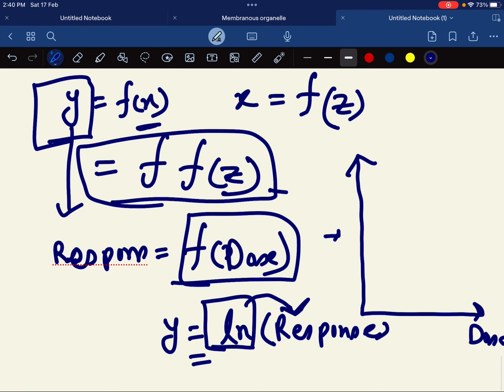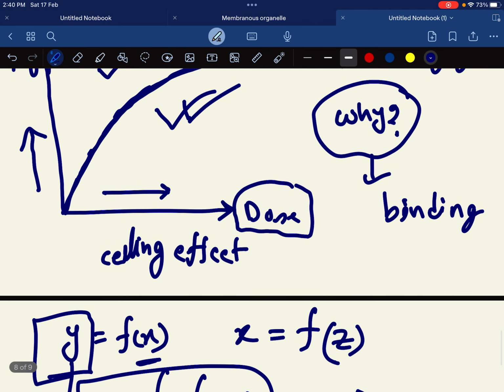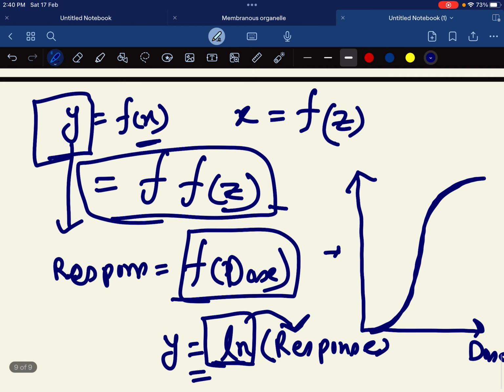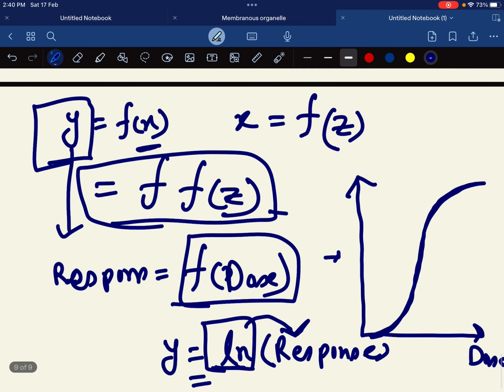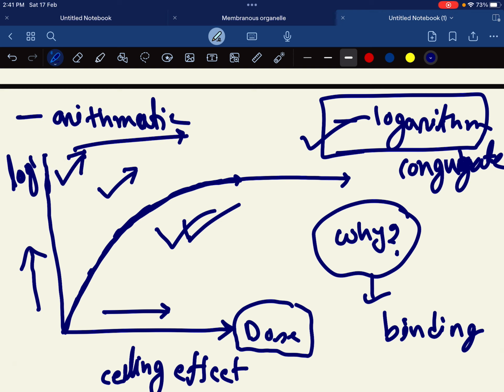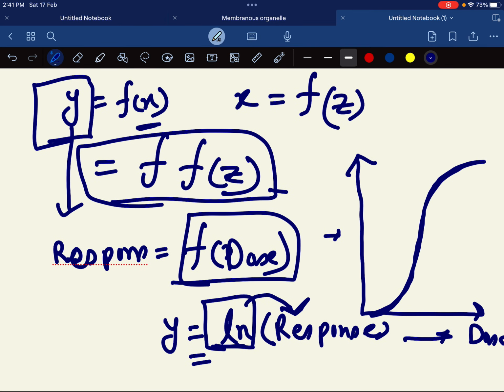So in logarithmic expression, the same drug response curve will look like a sigmoid shaped curve. Now the question may arise that if we can plot in a simpler way, in a single function way, then what is the utility of using this logarithmic function?